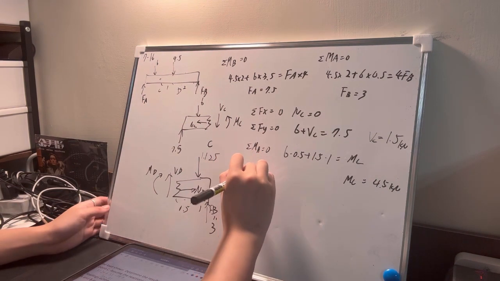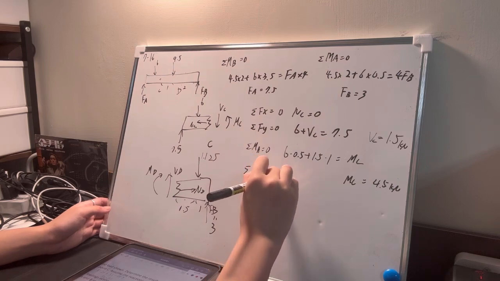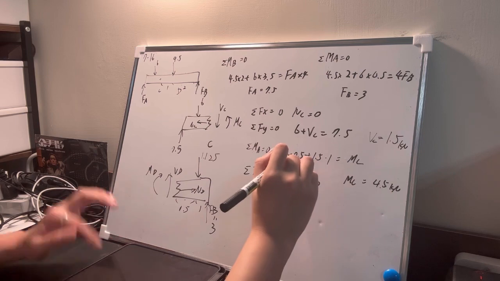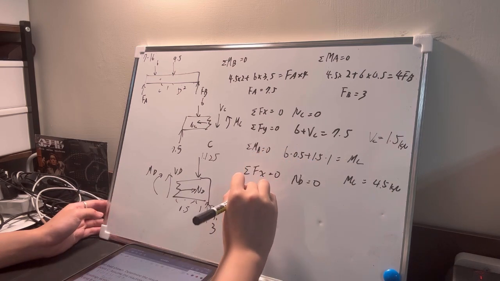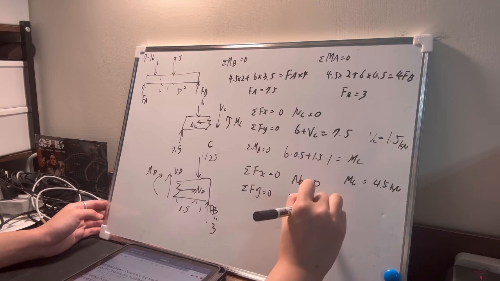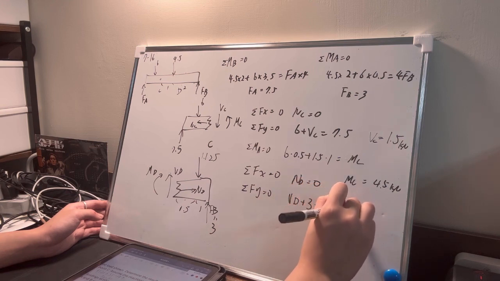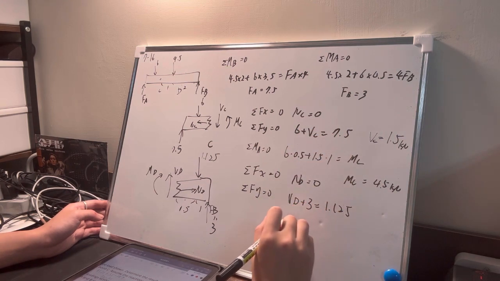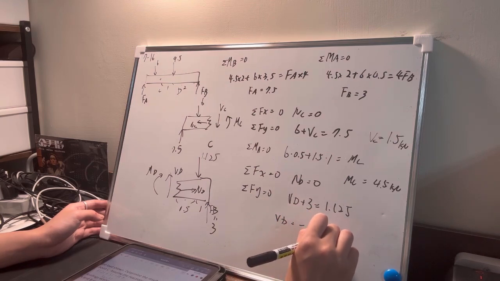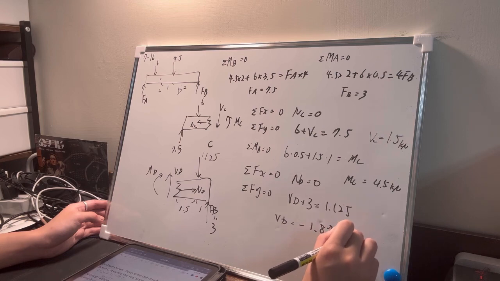So also the summation Fx, if that equals 0, ND is also equal to 0, and summation Fy is equal to 0, and VD plus 3 is equal to 1.25, and VD is minus 1.875 kN.